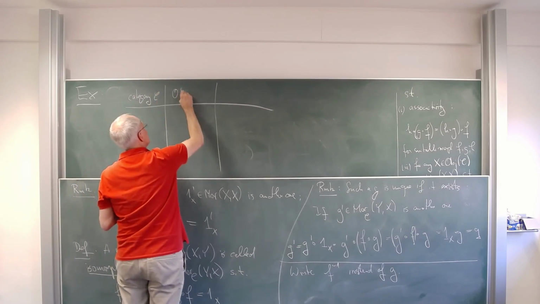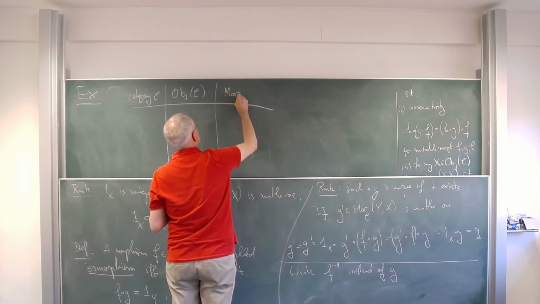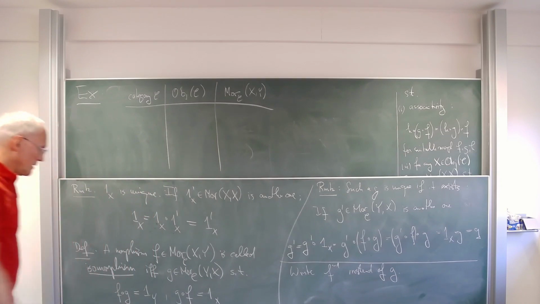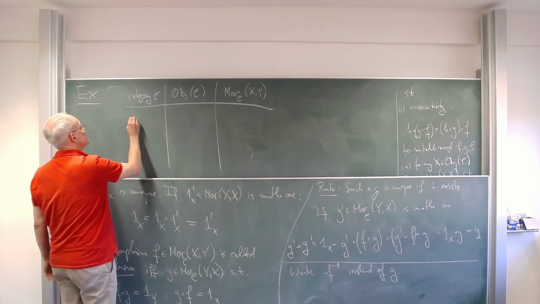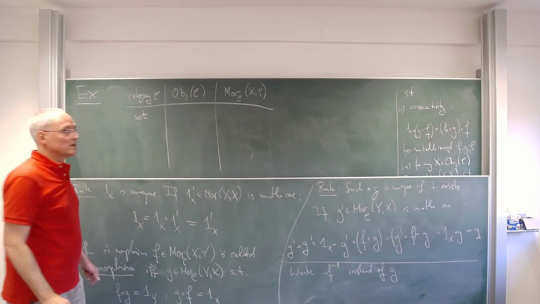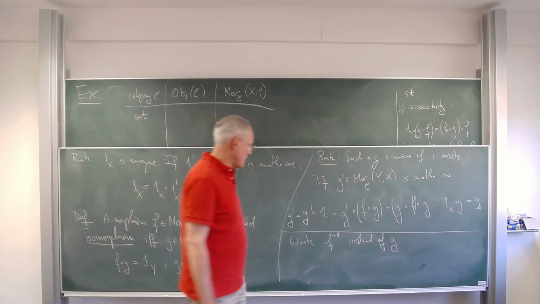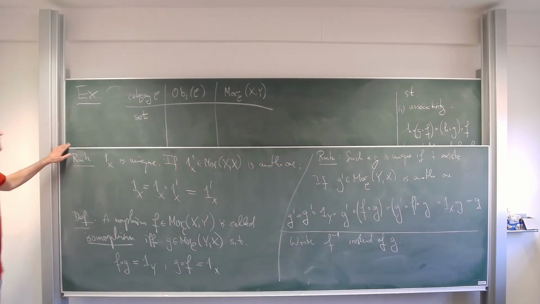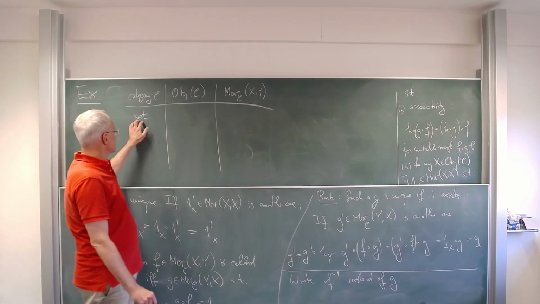Here are the morphisms. Yes? Are you saying that I should replace this by a y? Then I do it. Yes, good, thanks. So the first example is the category of sets.